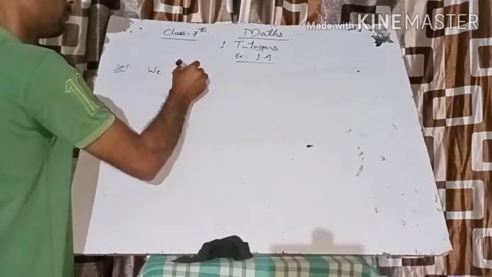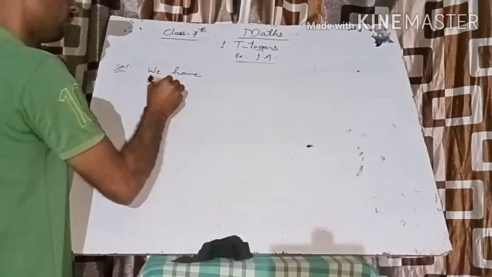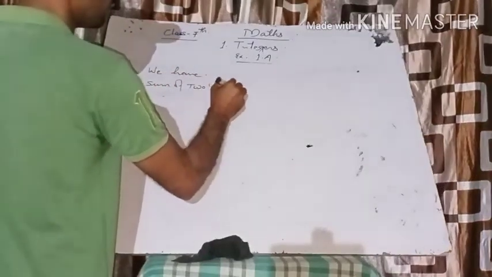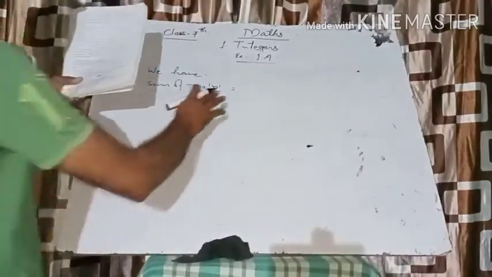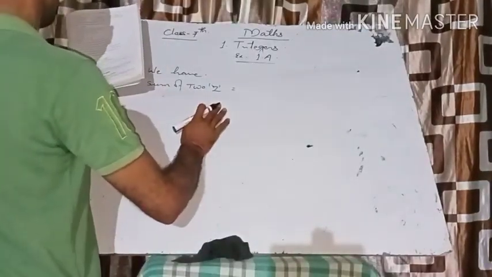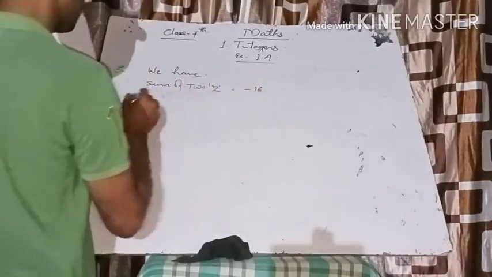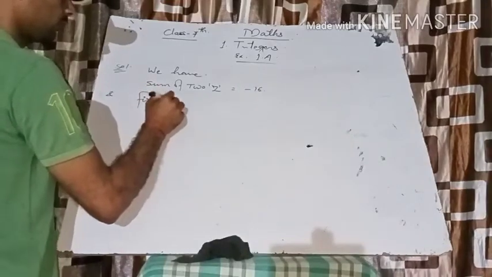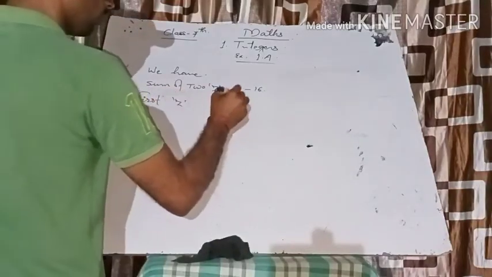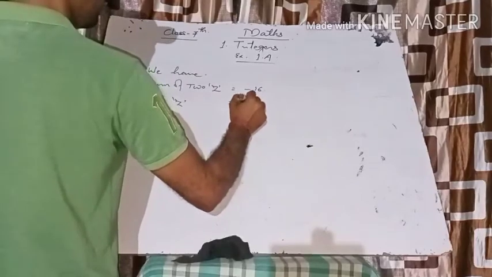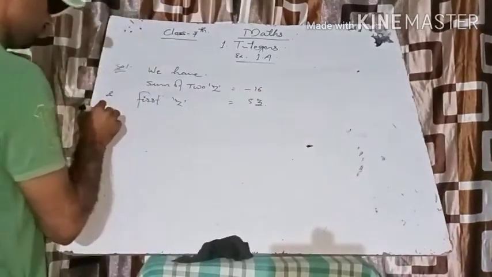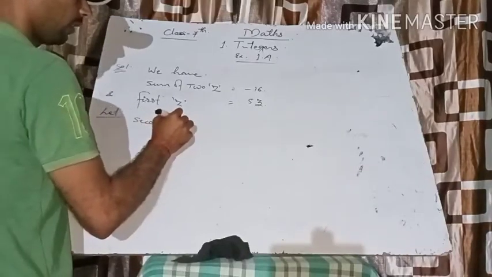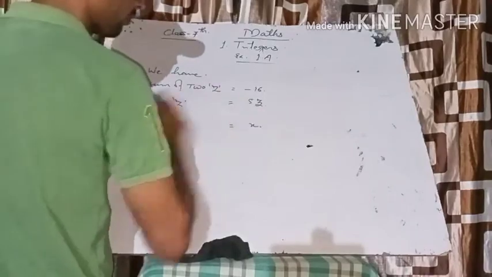We have the sum of two integers equal to minus 16, and the first integer equal to 53. Let the second integer equal x.